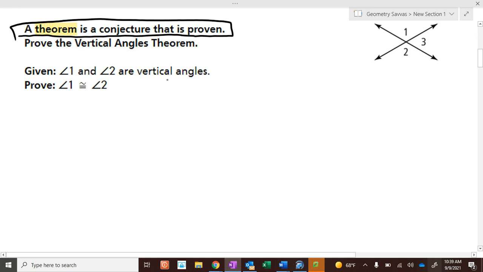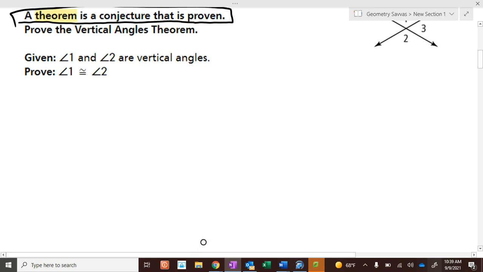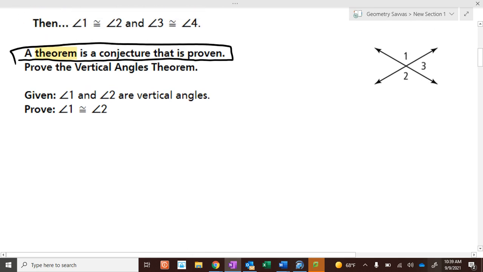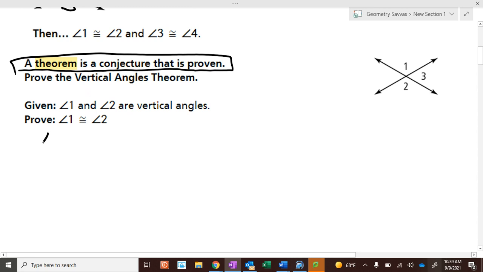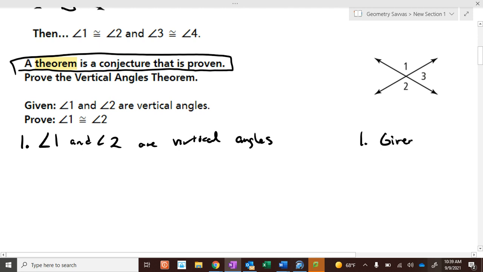We're given that angle 1 and angle 2 are vertical angles. We're supposed to prove that they're congruent. So I'm going to write as my first step, angle 1 and angle 2 are vertical angles. Why am I writing that? Because that is given to me.